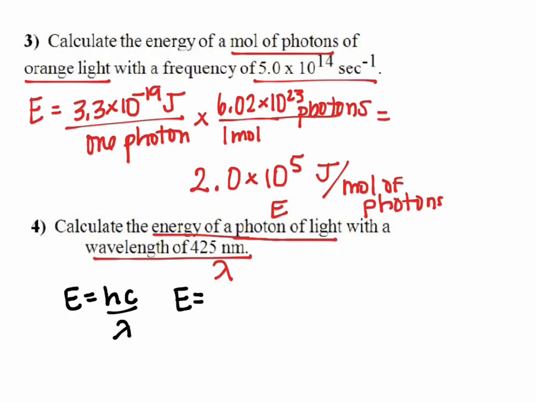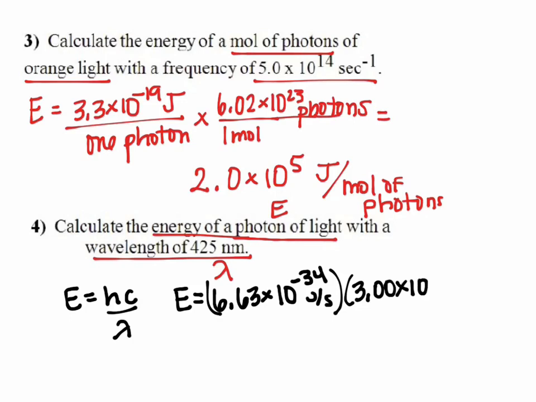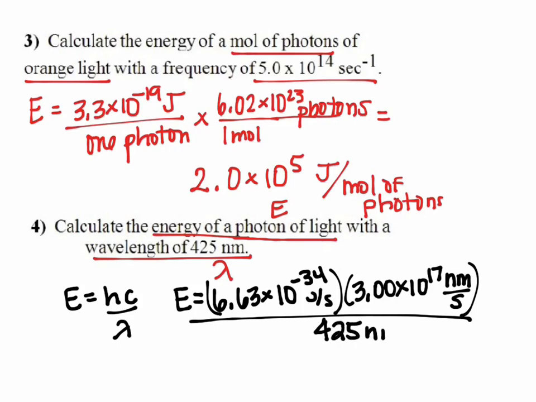So E is equal to Planck's constant, 6.63 times 10 to the negative 34 joule seconds, times the speed of light, 3.0 times 10 to the 8th, and we need nanometers, so let's do 10 to the 17 nanometers per second, and that is all over 425 nanometers.